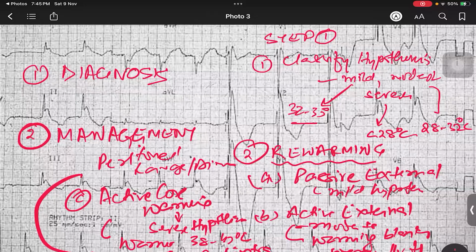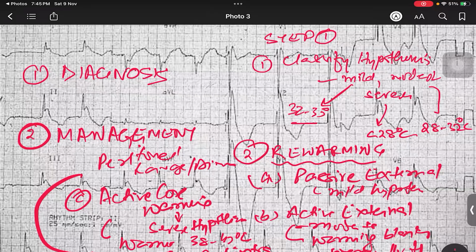Okay. So rewarming has to be done based on the degree of hypothermia, so you have to classify the hypothermia first, if it is mild, moderate, or severe. If it is mild, all you do is passive external heating, by just covering the patient with warm blankets and placing them in a warm environment.